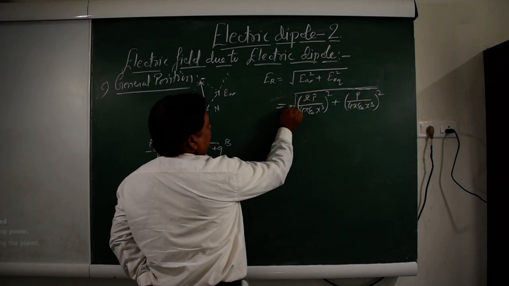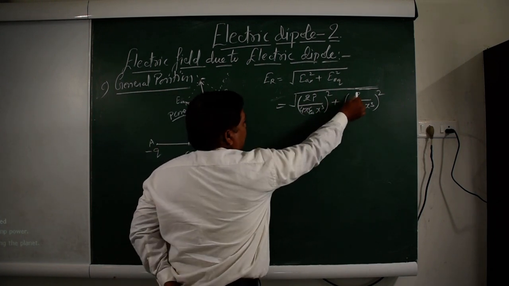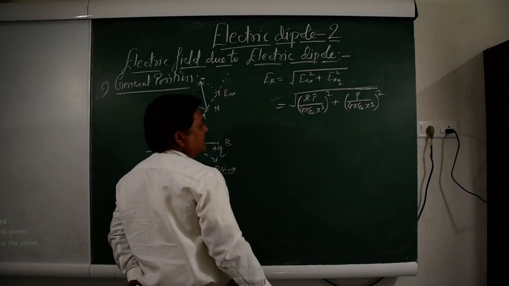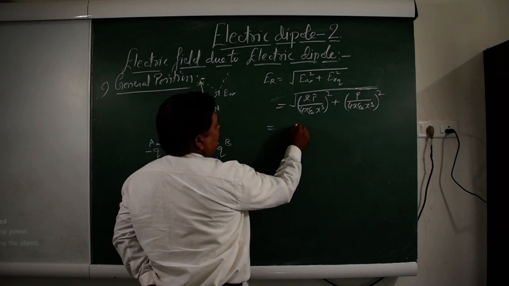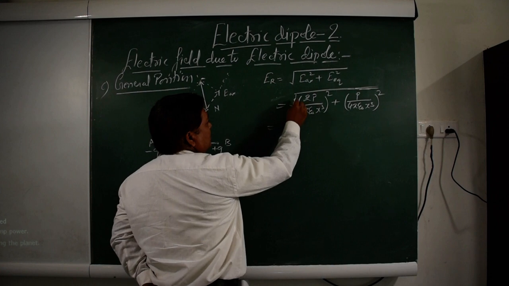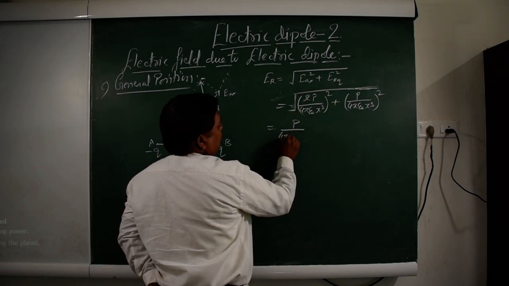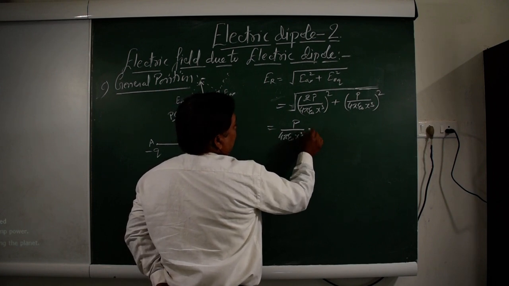We can take a common term here. The common term will be p upon 4 pi epsilon naught x cube. So this will be common and the square will be cancelled by the under root. So it may come out from the under root, and we get here p upon 4 pi epsilon naught x cube.